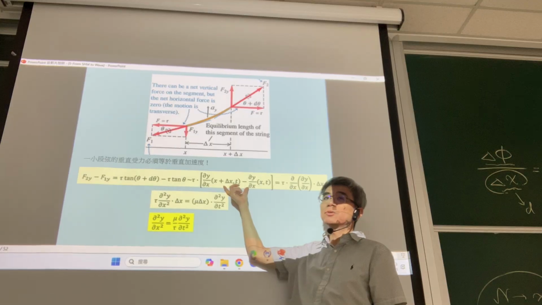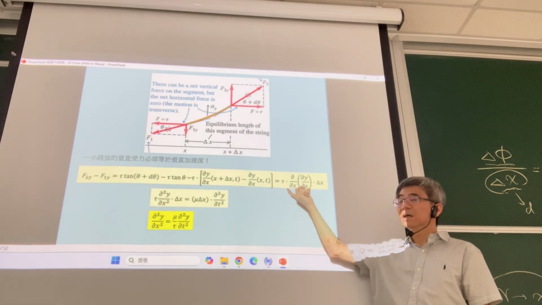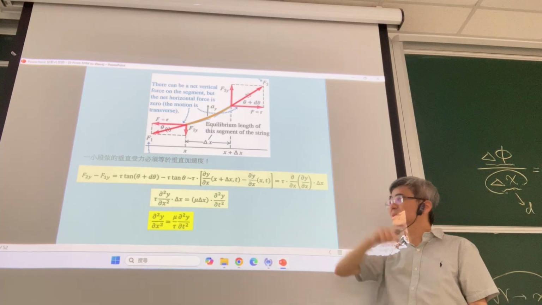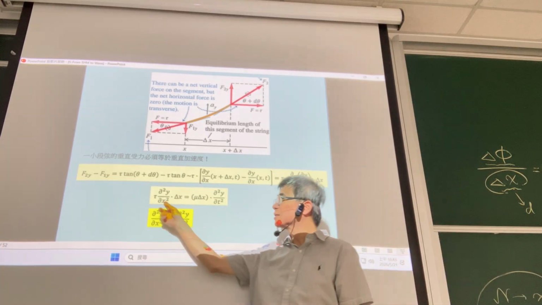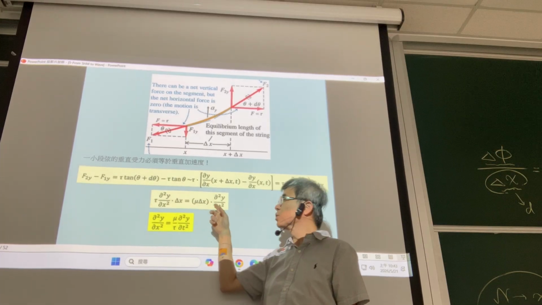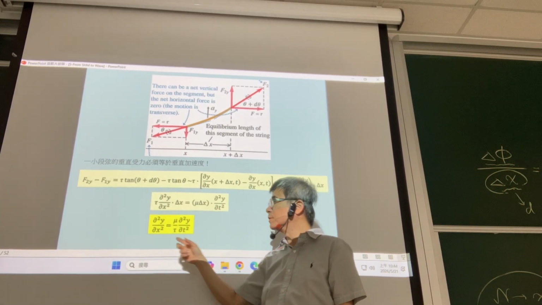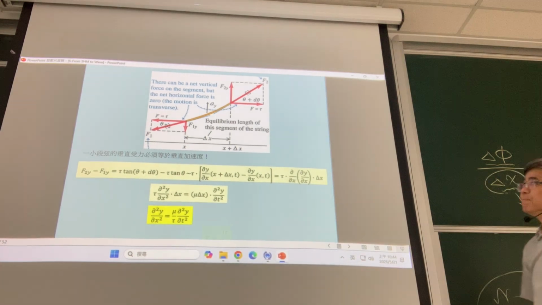Therefore, the difference between the slopes will be partial y partial x, again taking the derivative. So that's the second derivative, which is why there's a second derivative in x. On the right hand side, acceleration, so there's a second derivative in time. Therefore, we got the wave equation.